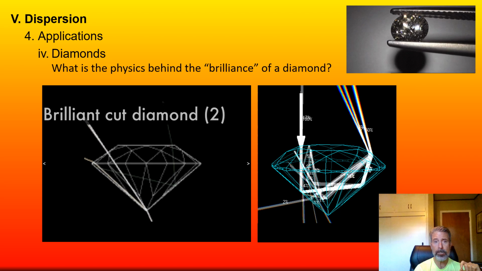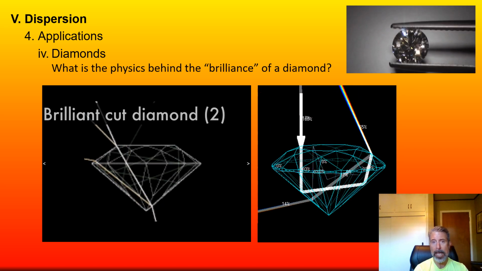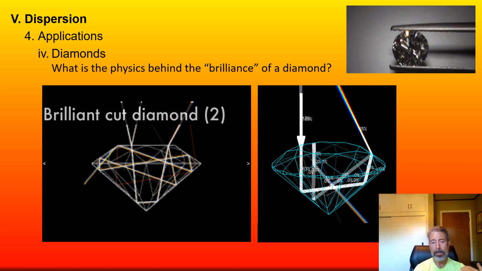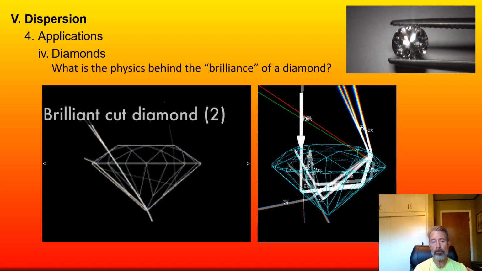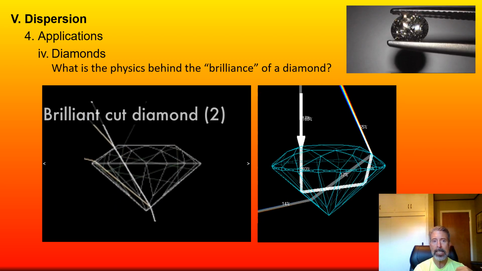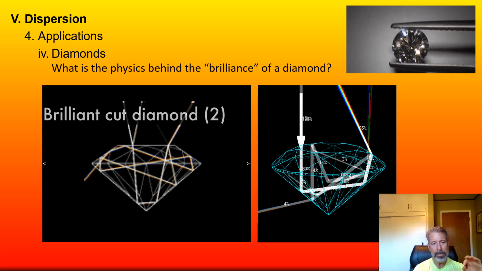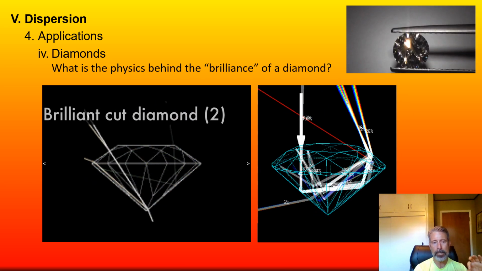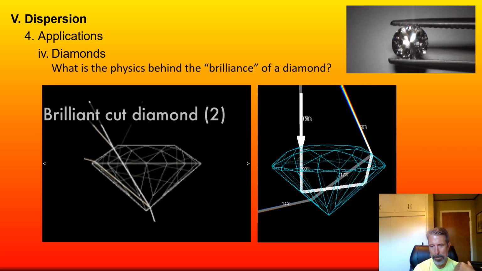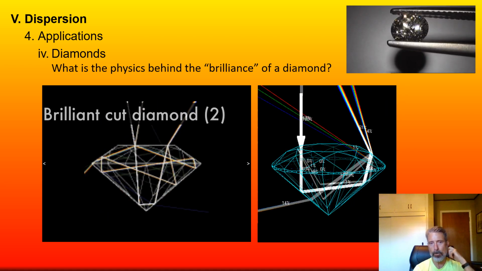The second effect is that, since this refracted ray will stay within the diamond for many different trips across the diamond, for many different refractions, because of that small critical angle, it has lots of time for dispersion to occur. With each total internal reflection from one of the faces, this allows more dispersion to happen, more separation of the colors.